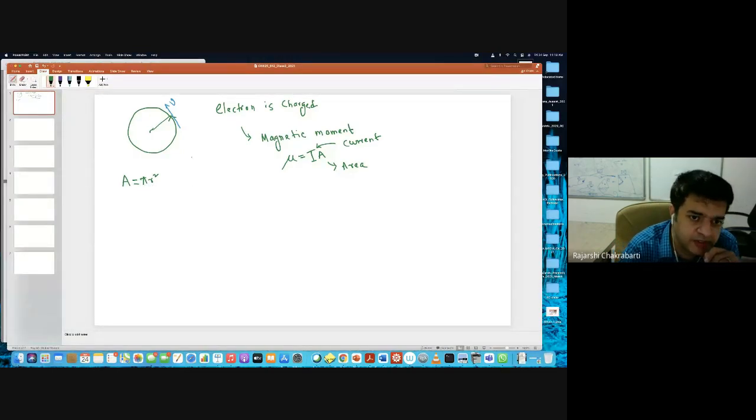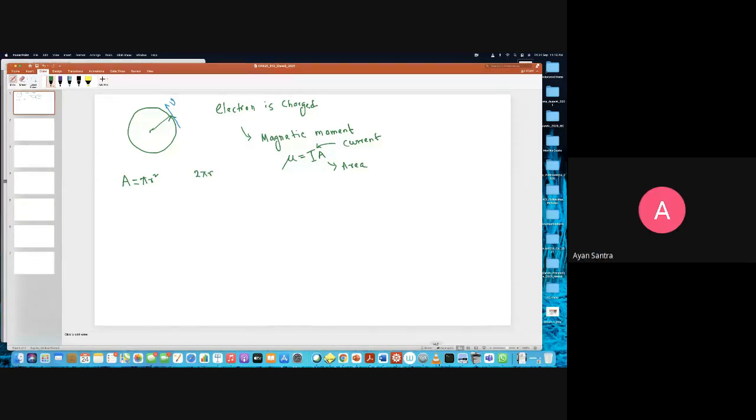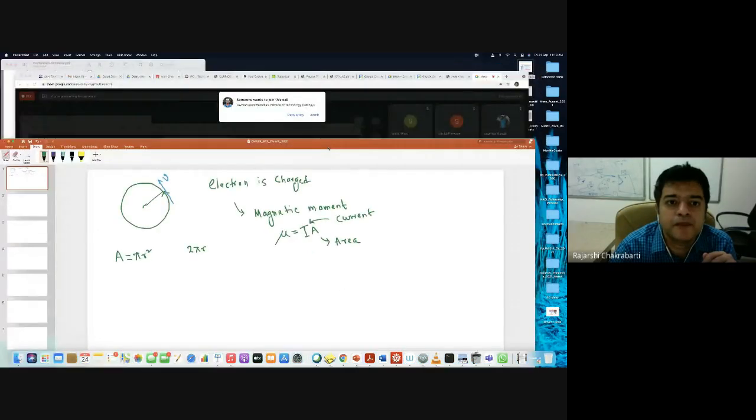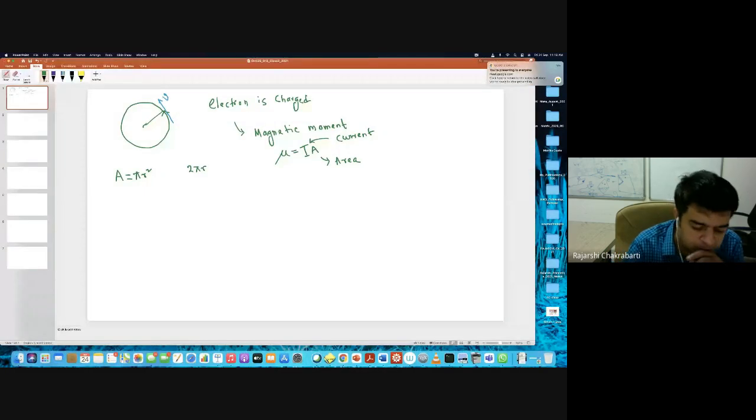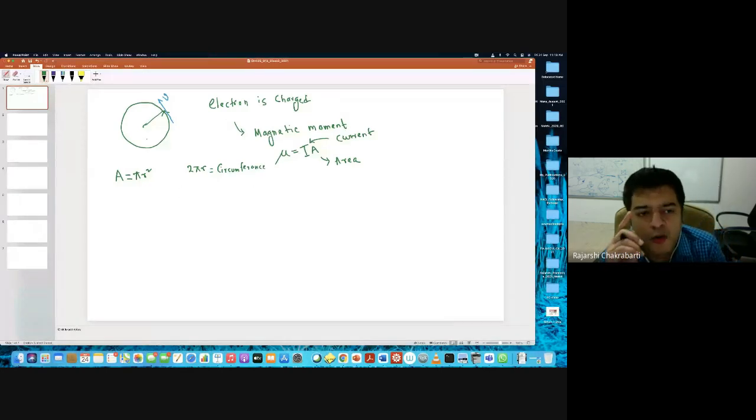Now, what is the circumference? The circumference is twice pi r, isn't it? The perimeter of the circle is twice pi r. So how many times will it revolve around this nucleus per unit time, per second?